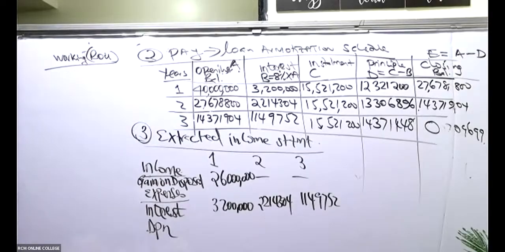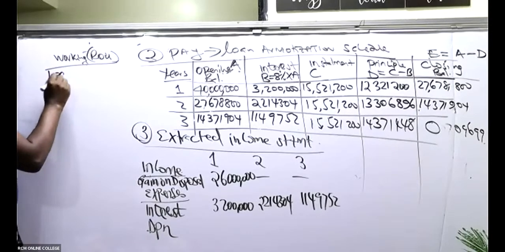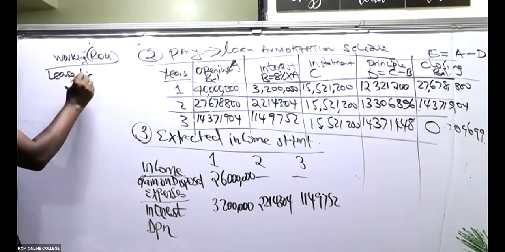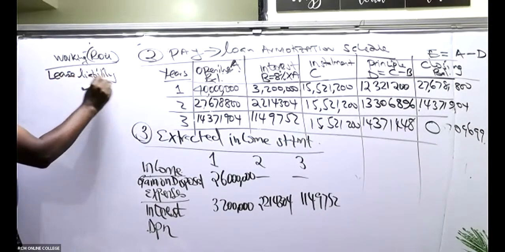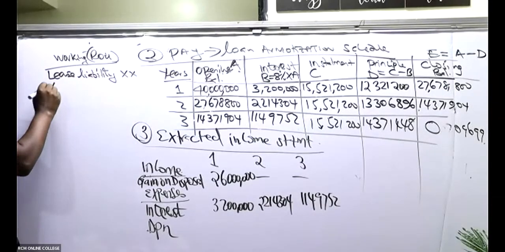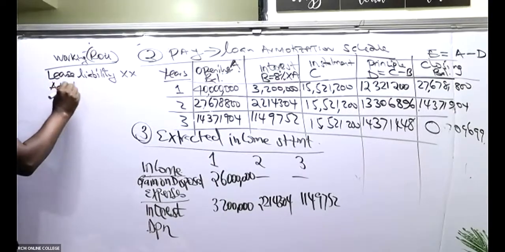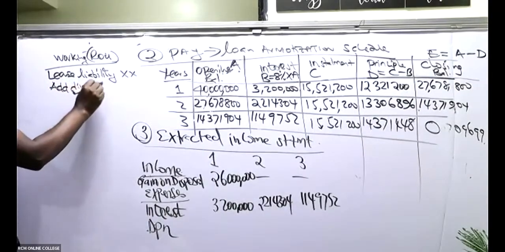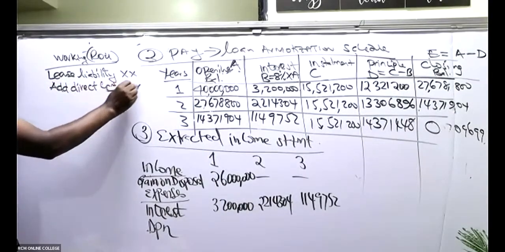So how do we get right of use? To get right of use, we normally take the lease liability. You will add any direct costs you incurred.